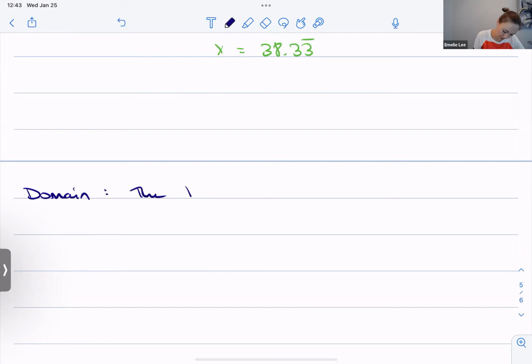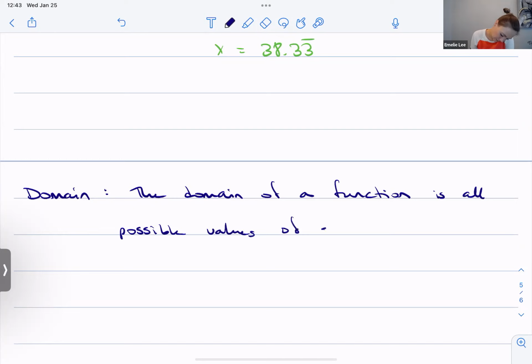The domain of a function is all possible values of X.